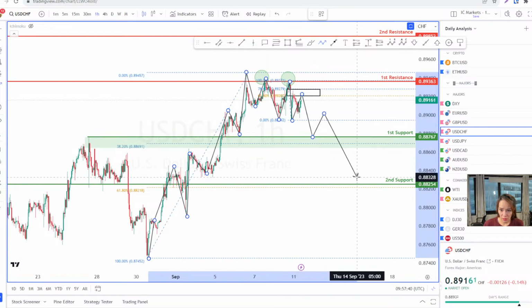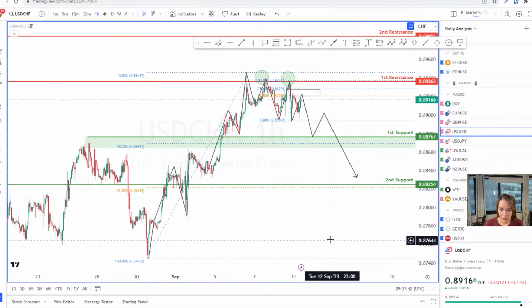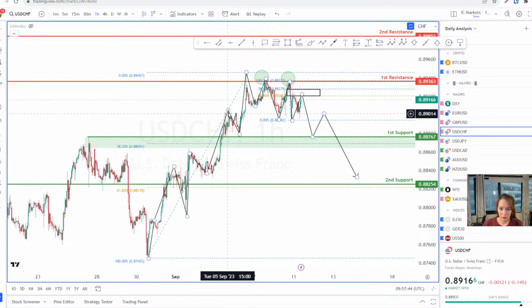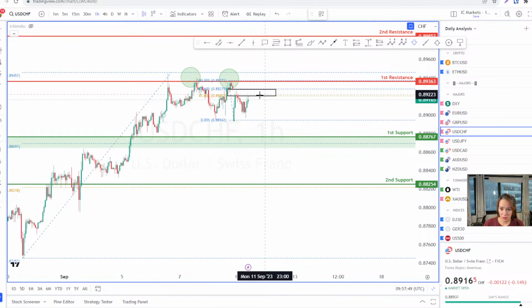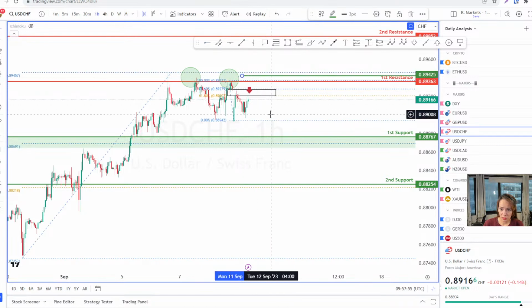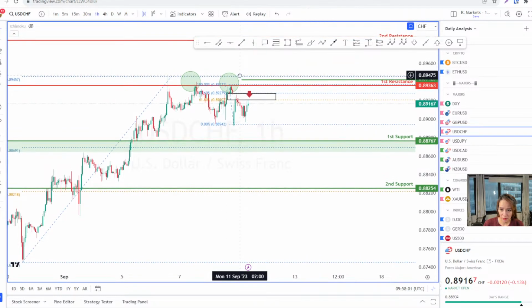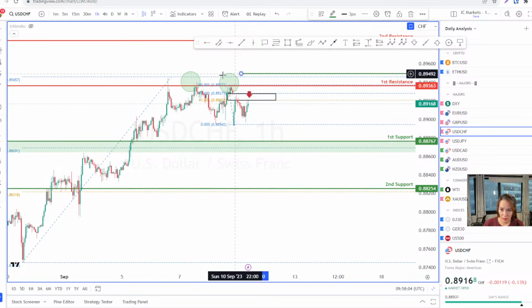Now it slowly comes down here. You get what I mean? So this is the sell entry, and your SL could be just above this swing high here.